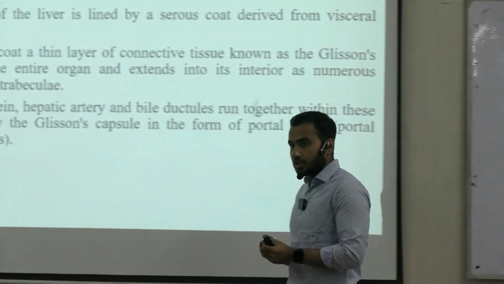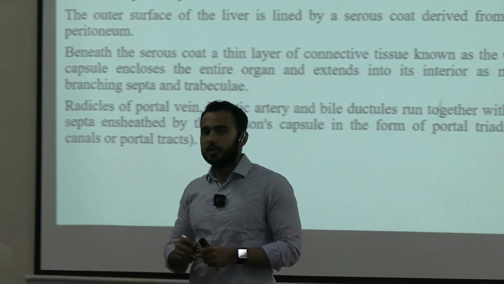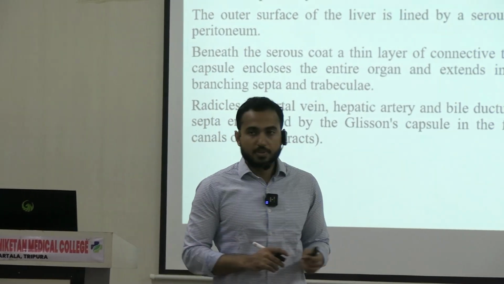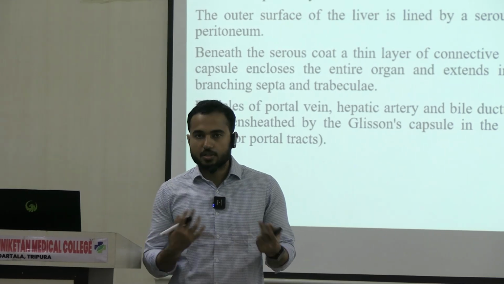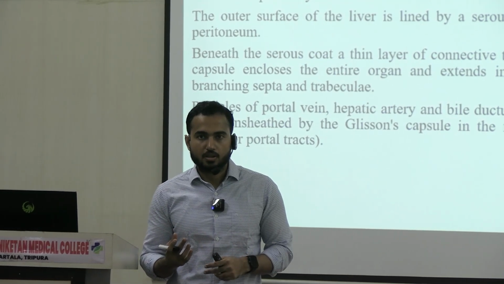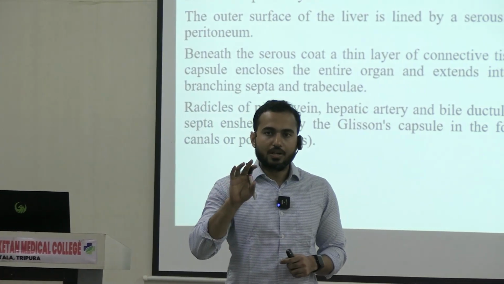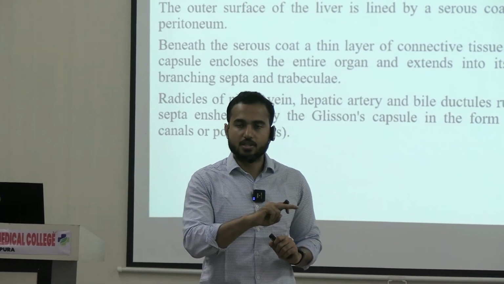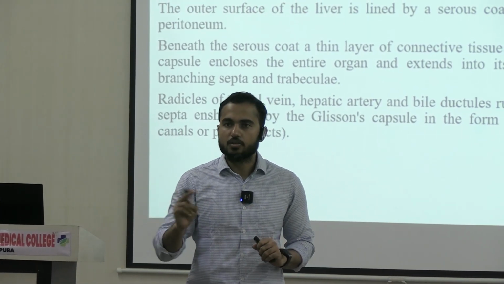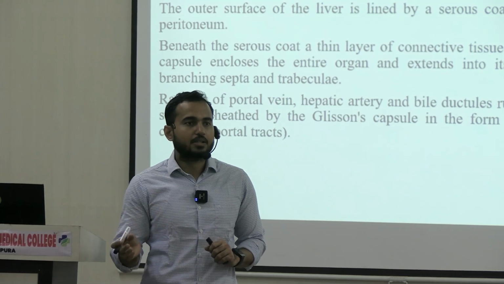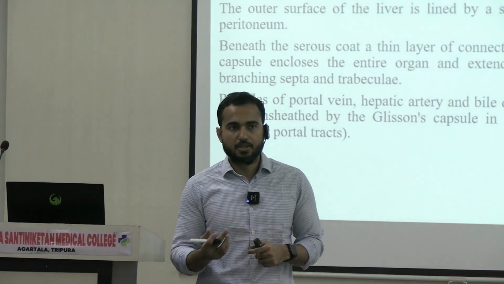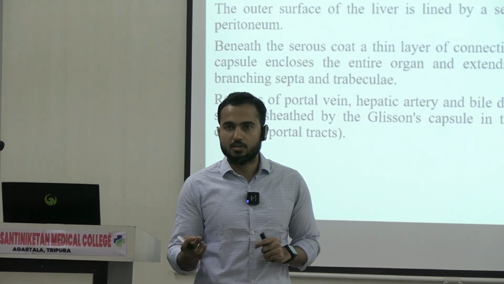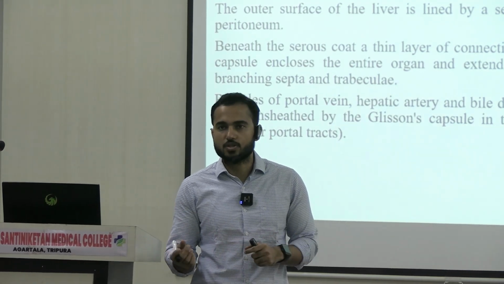Stroma means the supporting part of that particular organ or structure. And parenchyma means the secreting element, the secretory or producing part. You can take a shortcut to remember this. S is stroma, S is supporting. P for parenchyma, P for producing part.